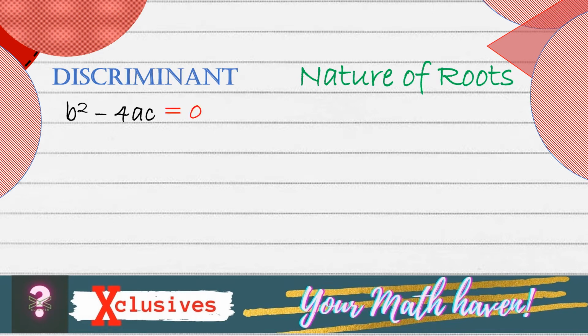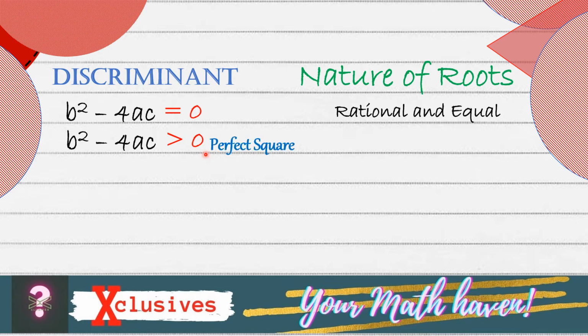Now if our discriminant will be equal to 0, our nature of the roots is rational and equal. But if our discriminant is greater than 0, or let us say positive numbers, we have two results. First, it is a perfect square number, numbers like 4, 16, 25, and so on.